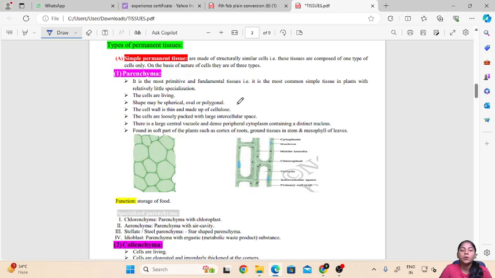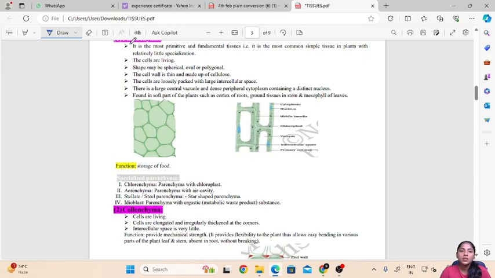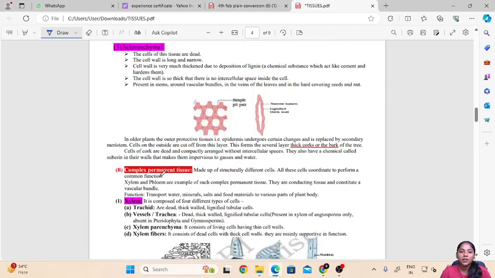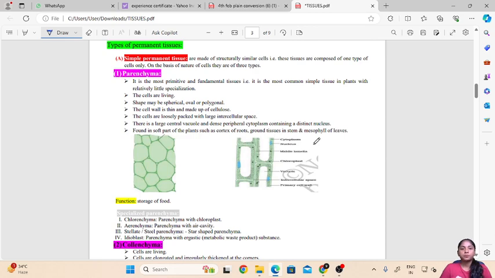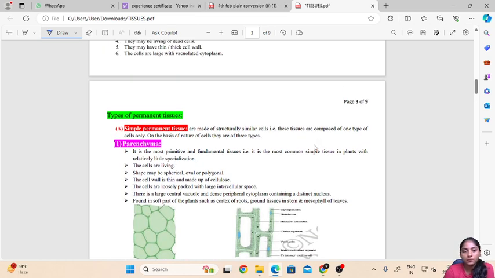Then the types of permanent tissue: the first one is simple permanent tissue and the second one is complex permanent tissue. We will see simple permanent tissue first. Simple permanent tissue is made of structurally similar cells, that is, these tissues are composed of one type of cells only. What this means is, in simple permanent tissue, all the cells present will be of one type only. They will have similar structure and function.